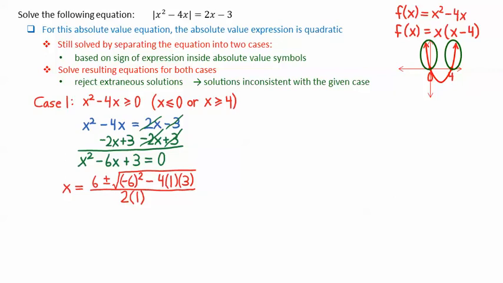Substituting this in, we get 6 plus or minus the square root of negative 6 squared minus 4 times 1 times 3, all divided by 2 times 1.